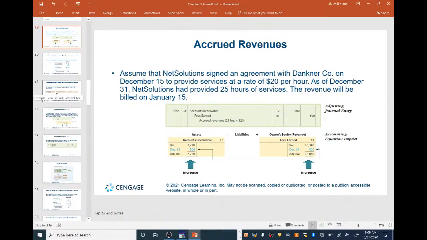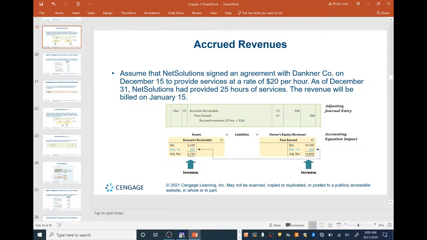So accrued revenues, let's talk here. Assume that Net Solutions signed an agreement with Danker Company on December 15th to provide services at a rate of $20 per hour, okay? Now, as of December 31st, Net Solutions had provided 25 hours of services. The revenue will be billed on January 15th, okay?